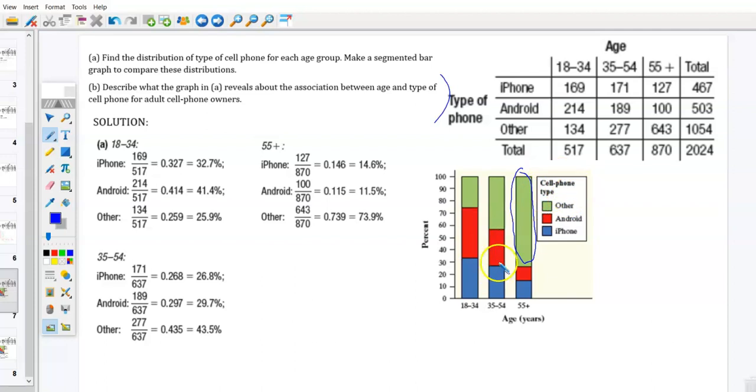If you're younger, you're much more likely to use an iPhone or the Android. You're more likely to use one of those and not as likely to have other. So if you're younger, you're almost choosing either Android or iPhone. Those are the most popular for the younger folks.